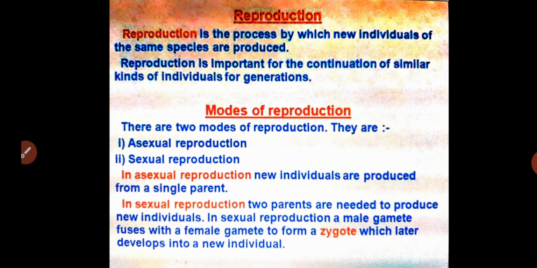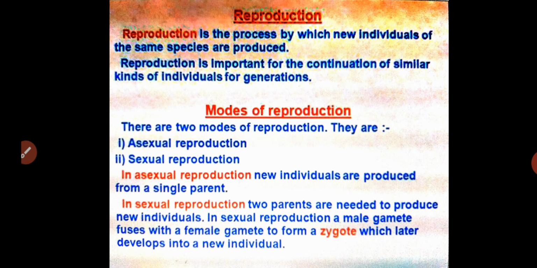In this way, the population of the particular organisms increases. But in asexual reproduction, how do organisms increase their population? Many types of asexual reproduction are there: budding, regeneration, spore formation, and fission. In fission, there is binary fission and multiple fission, and many other types of asexual reproduction are also there.